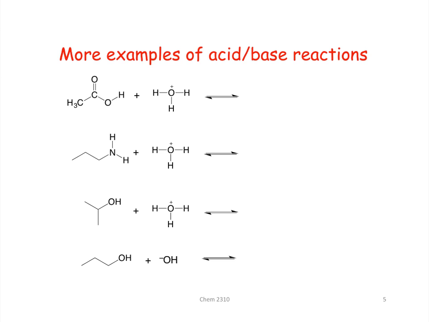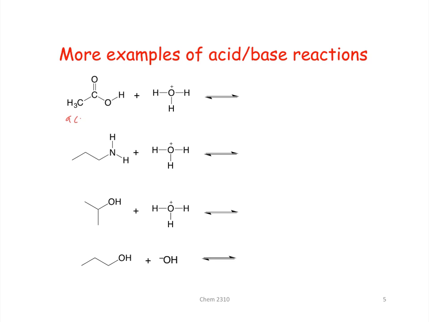All right, let's work through a few more examples. The top one has acetic acid again, and acetic acid, instead of reacting with water, is now shown as reacting with hydronium ion. Okay, so what's going to be the main difference here?